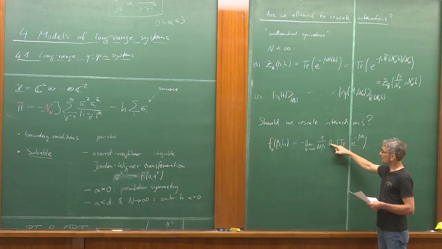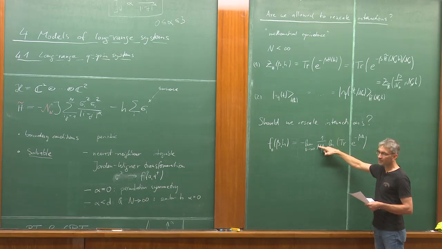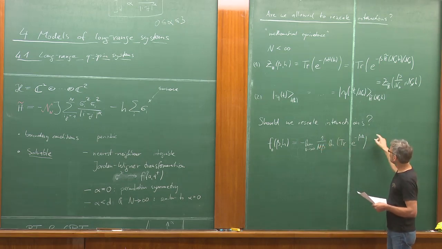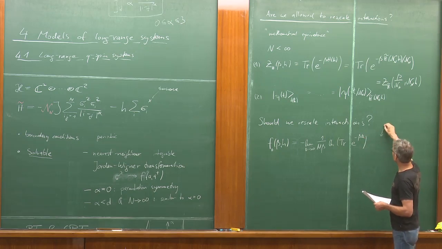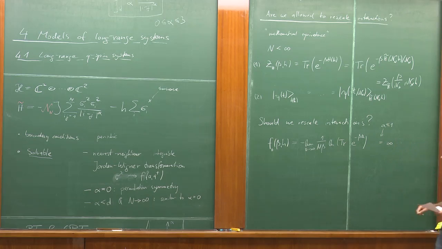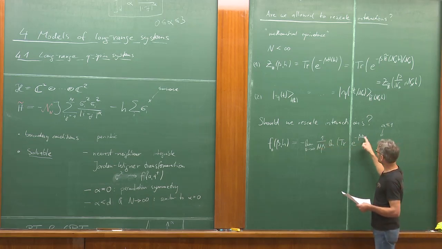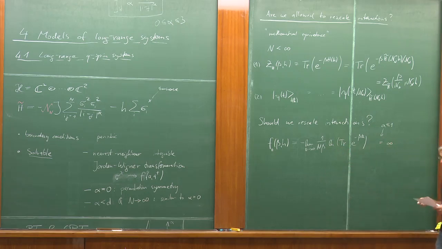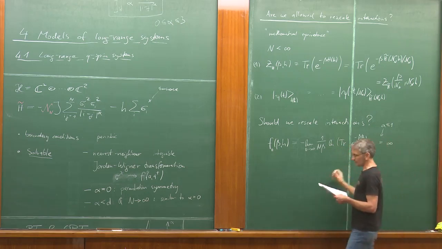You take a logarithm of it, and you get something that has a prefactor that is not cancelled by this 1 over N, so this will not be sufficient, and therefore for alpha smaller than or equal to 1, this will be infinity. Because a 1 over N is not enough to cancel the N that you get out with the exponential and logarithm. You can recover this in detail.